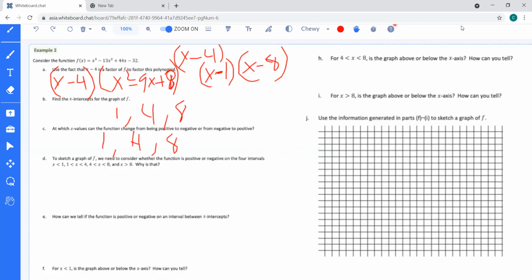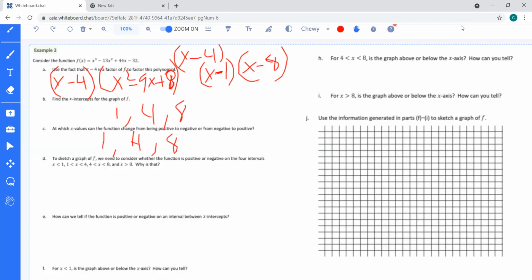So to sketch the graph of f, we need to consider whether the function is positive or negative on the 4 intervals. The 4 intervals are when x is less than 1, between 1 and 4, between 4 and 8, and when x is greater than 8.